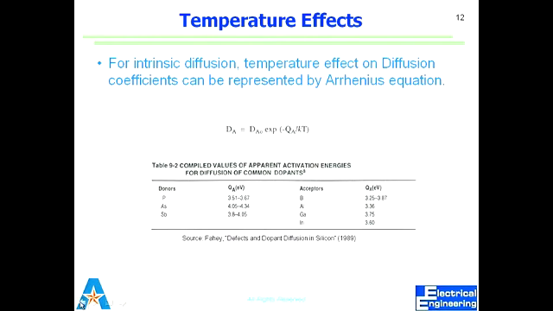Then at different temperatures, it is a multiple of that exponential dependence on temperature. The Arrhenius relation is not just for diffusion. For anything that has a dependence on temperature, it can be found to be an Arrhenius dependence.